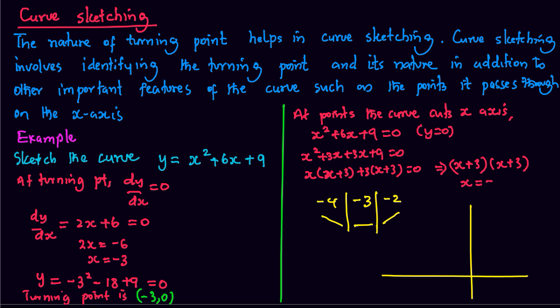The curve turns at -3, 0, and the turning point is a minimum.